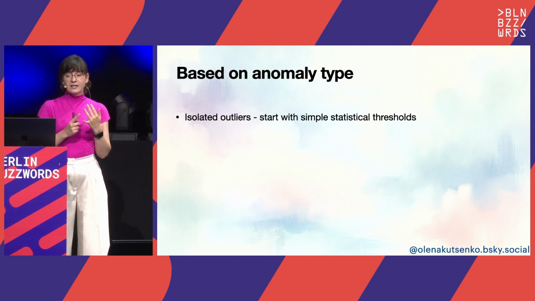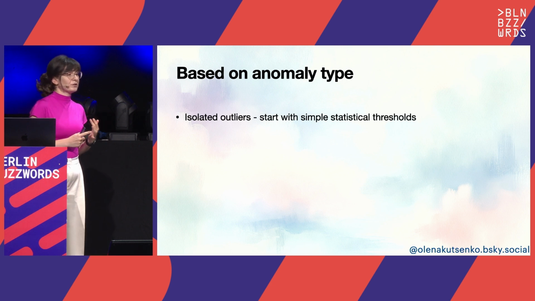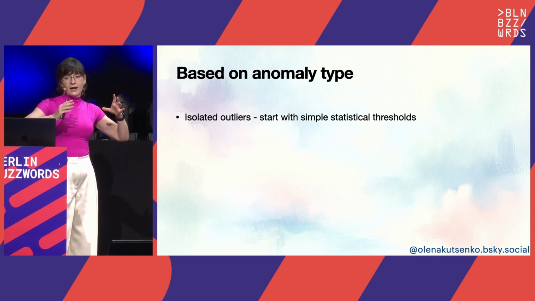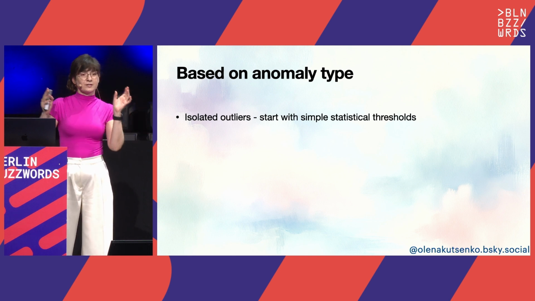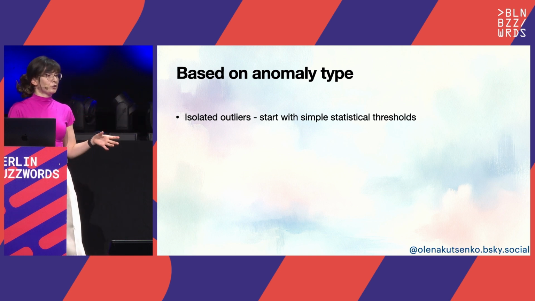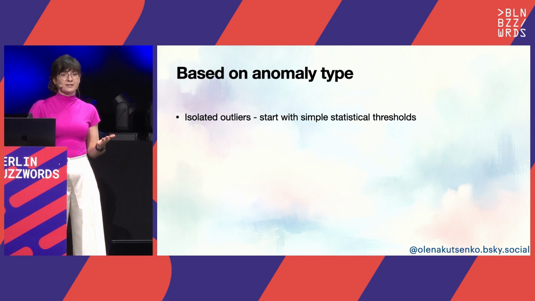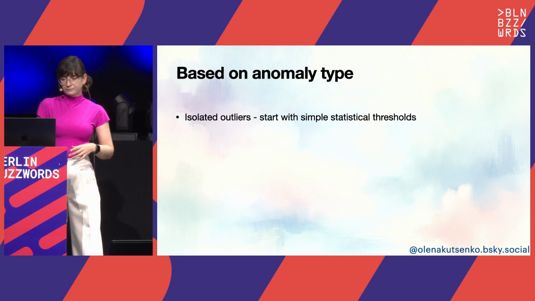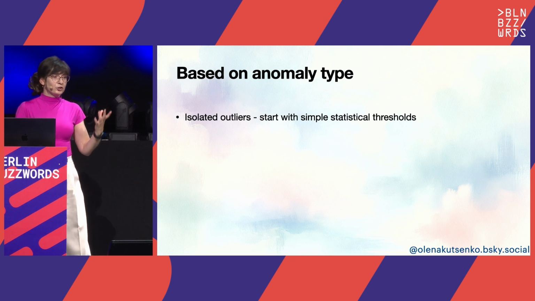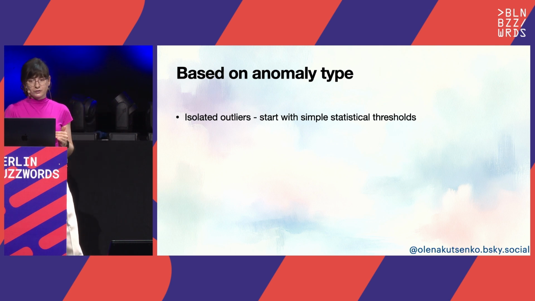For example, for isolated outliers, we can use very simple statistical thresholds, those formulas with 3 sigma or Z value, which are calculated very, very fast, and then you can already at that point raise some issues if you see a huge deviation.